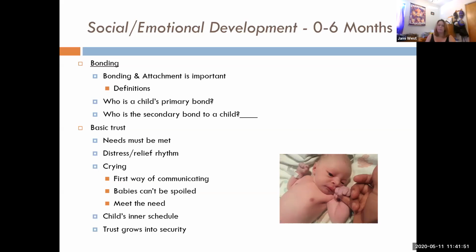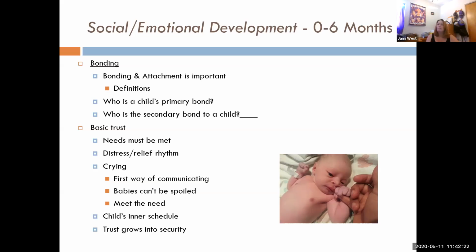Okay? So it's understanding that when a baby cries, they are communicating a need. It is the only way they know how to communicate. Every cry that a baby exhibits is them communicating a need. We want children to develop a basic trust in their environment.